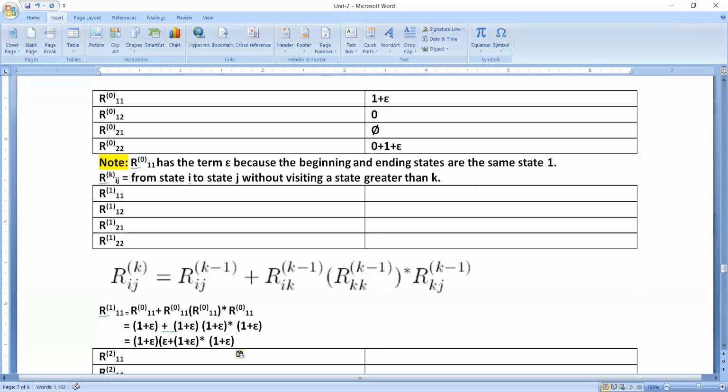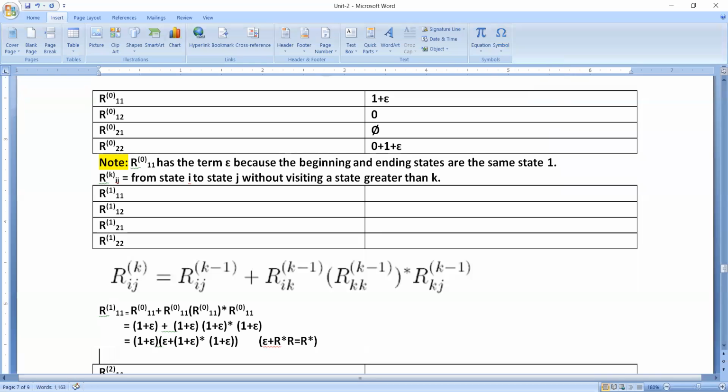Now what formula can we apply? The formula we can apply is epsilon plus r star r will be r star.